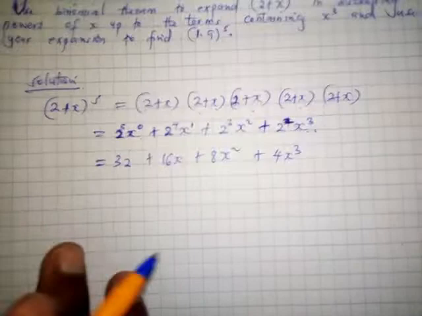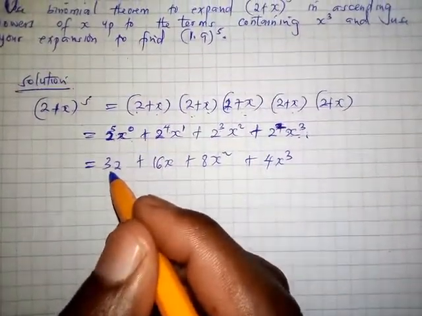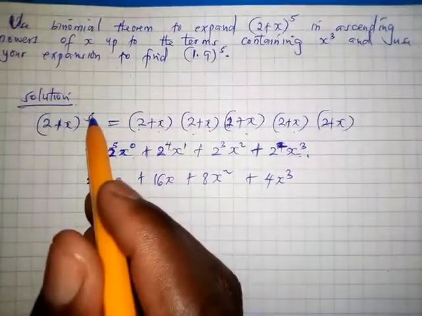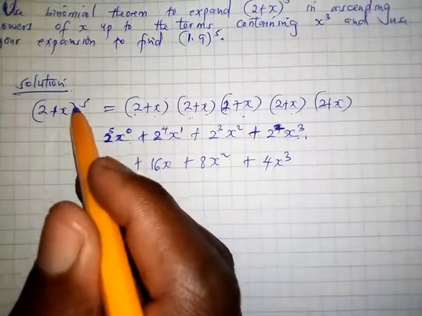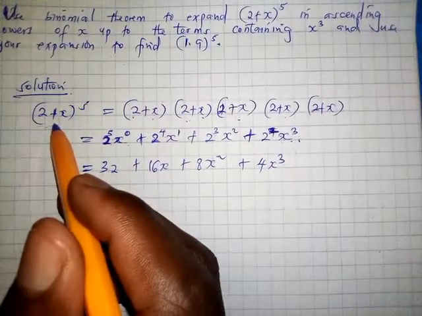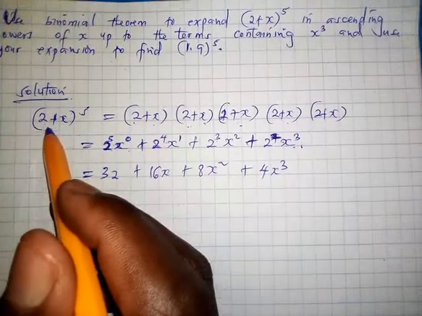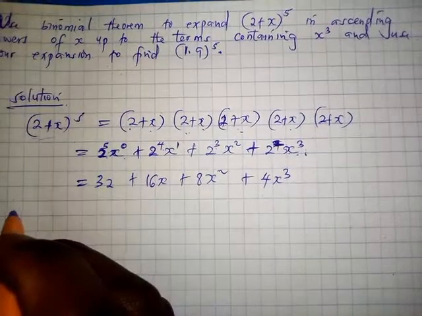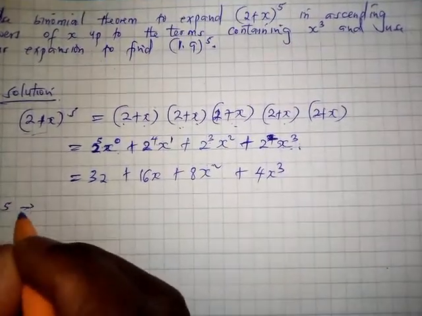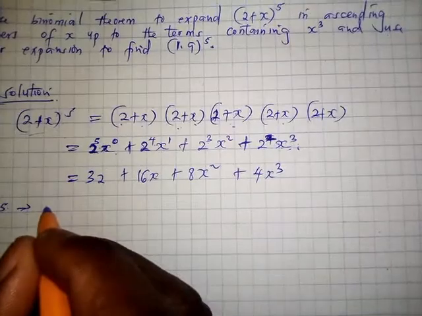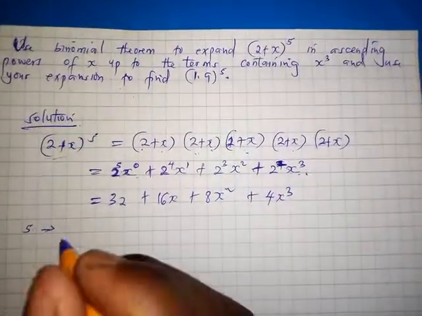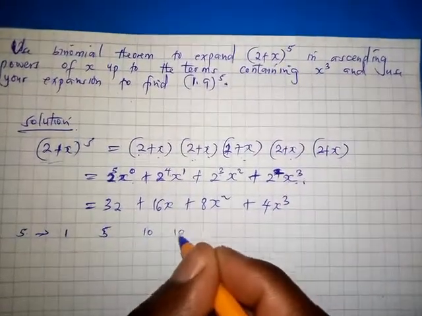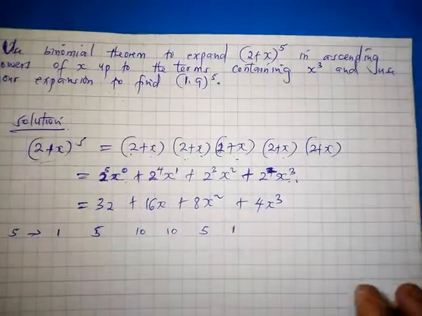Okay, after reaching this point, here is where we use the coefficients from Pascal's triangle. For the expansion (2 + x) raised to power 5, the coefficients from Pascal's triangle when the power is 5 are 1, 5, 10, 10, 5, 1.